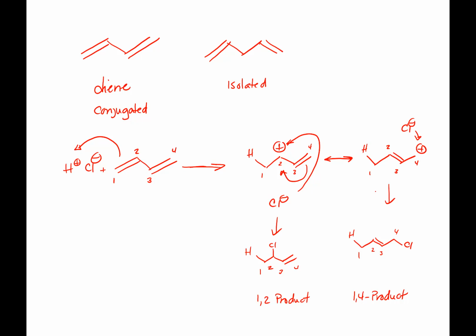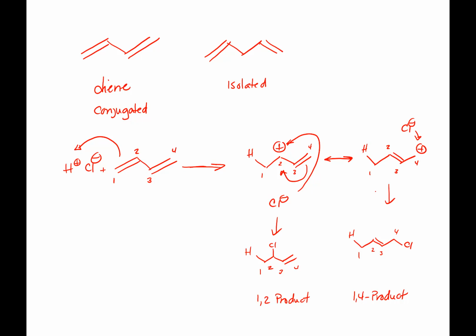And your question about the 1,2, 1,4 was? You only get those with dienes, yes. And then somebody could ask the question and say, do you always get 1,2 as thermodynamic? Do you always get 1,4 as kinetic, or vice versa?